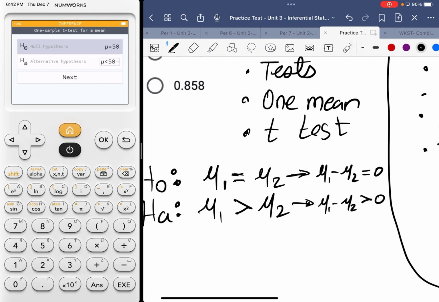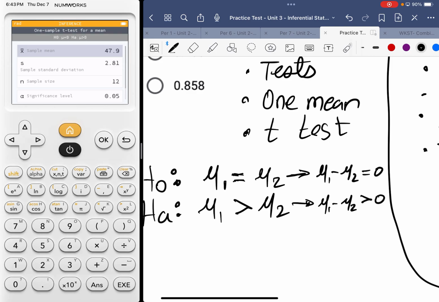So in my null hypothesis, I'm just going to put in a 0. My alternative, I'm going to make that a greater than 0. The notation doesn't perfectly line up, but it's basically like you have a left-hand side in symbolic notation equals 0, left-hand side greater than 0. So as long as it has that same structure in the app, you're good. Then you go to next.